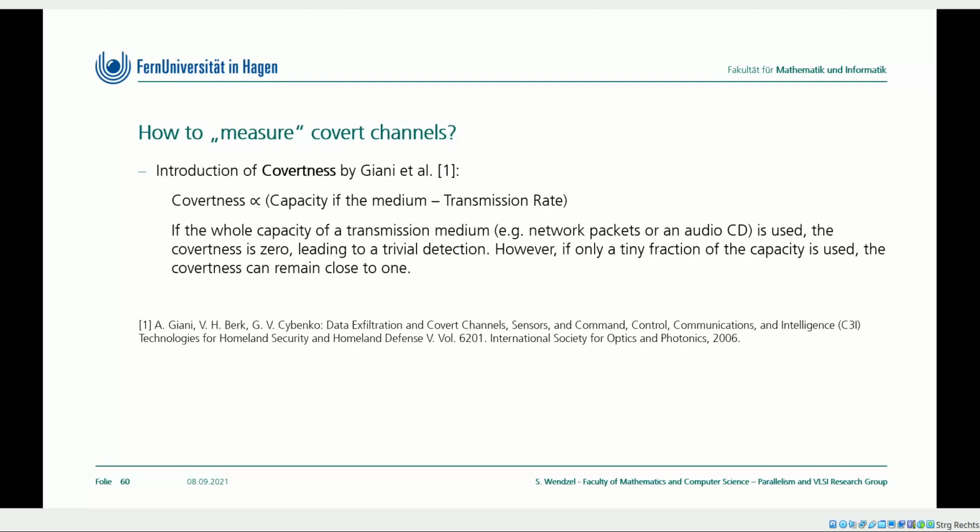The higher the capacity, of course, the more information we can embed. And it's always a trade-off. If you have a higher transmission rate, then of course your data is transferred in less time, but you always risk detection, because your detectability increases when the covertness decreases.